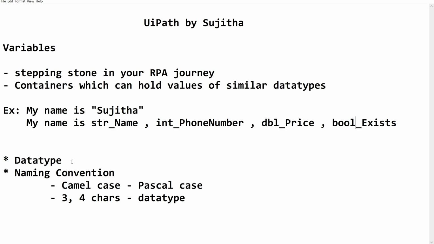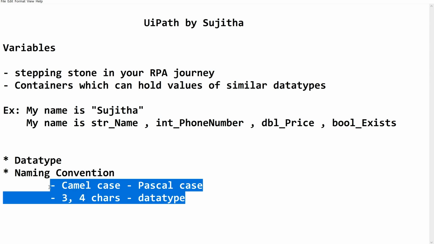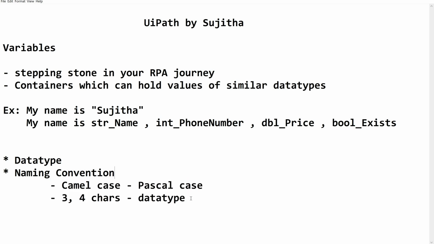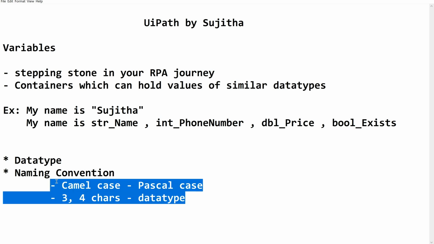In some organizations they will have slight modifications in this naming convention, and we are supposed to follow according to the organization. But it is a general and best practice to follow a naming convention when you are working on any automation.